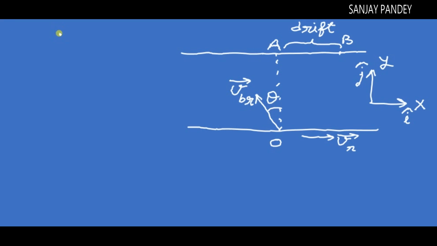We can write VR vector as VR i cap, and VBR vector, since VBR is in this direction, the component of VBR along the y-axis will be VBR cos theta, and along the negative direction of the x-axis it will be VBR sin theta.